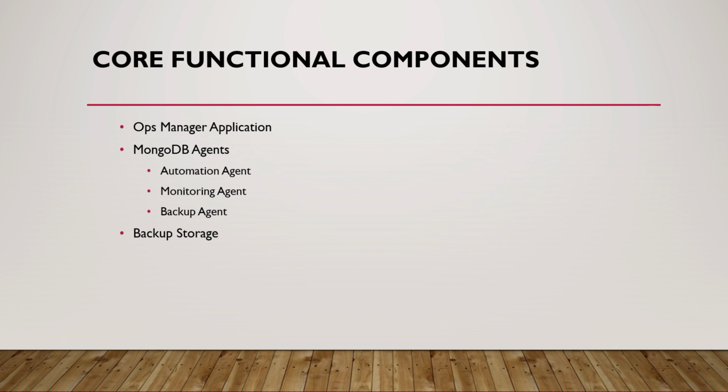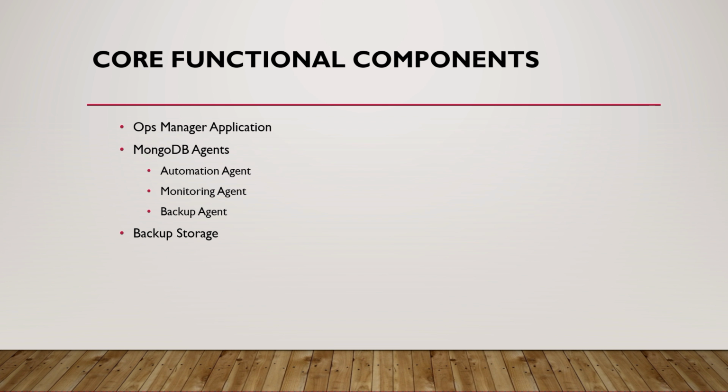So what are the core functional components? First, the Ops Manager application. It is the central web application that manages automation, monitoring and backup. It stores metadata in dedicated MongoDB databases and communicates with agents installed on each MongoDB host. Next, MongoDB agents. Ops Manager uses three types of agents.